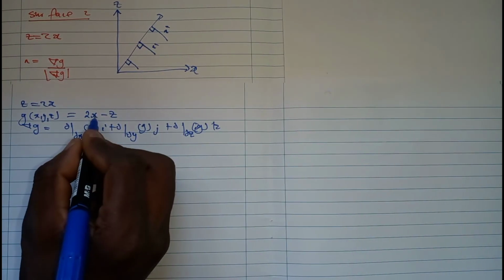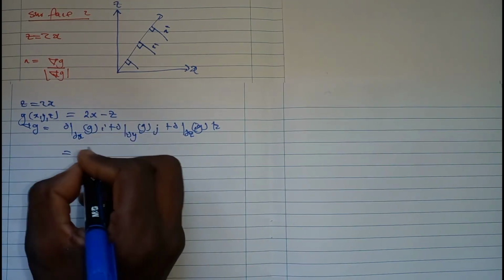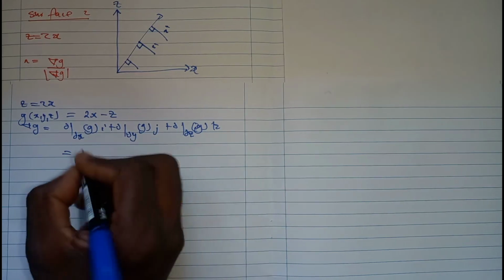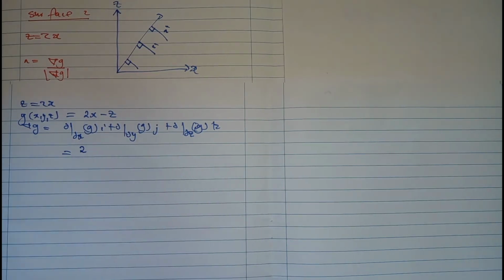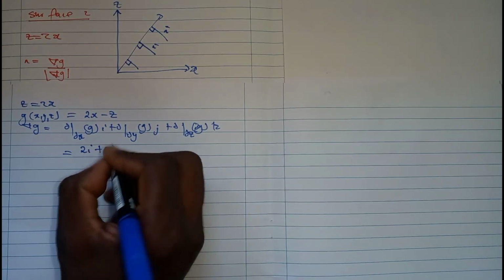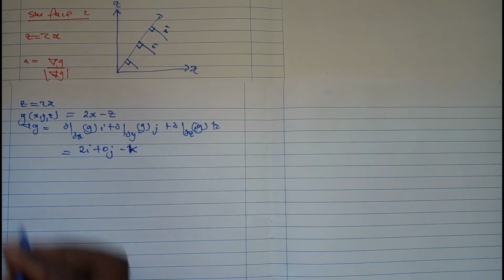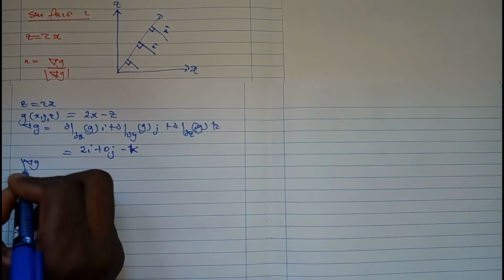So if you do that, the partial of g with respect to x, we're going to get 2, i, and for y you're going to get 0, j, and for z you're going to get negative k. What about the magnitude of the gradient?